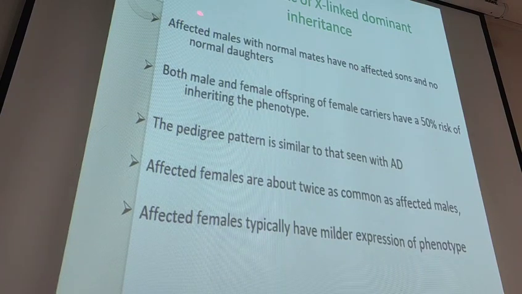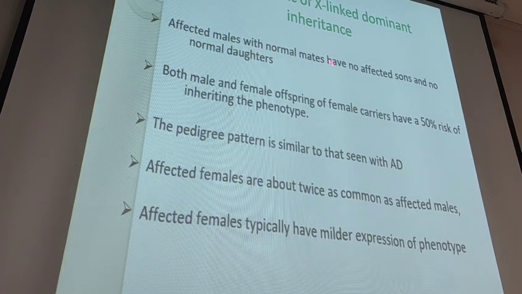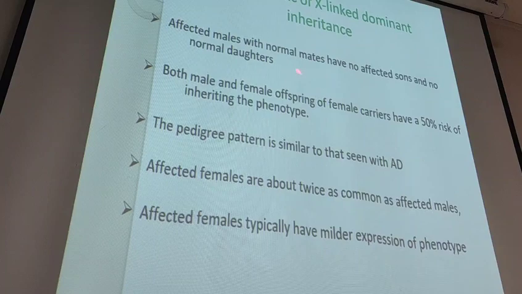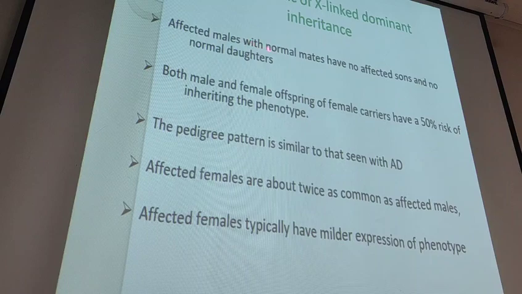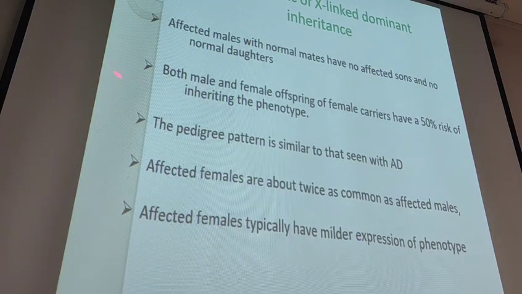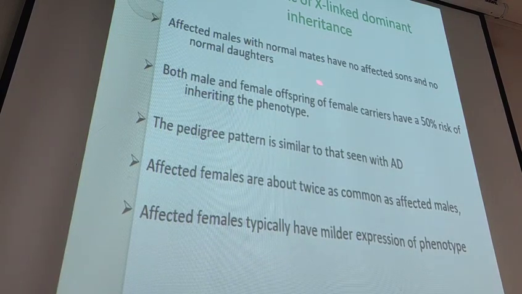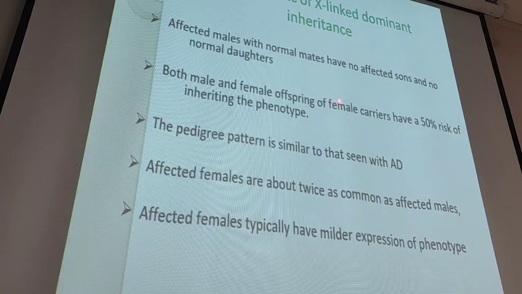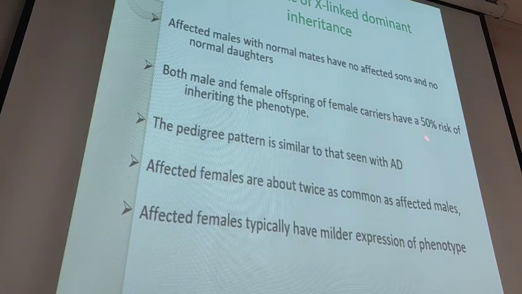The marriage between affected males with normal female, as we say, they will not have affected son, and they will also have no normal daughters. Both males and females of an affected female have a 50% chance of being affected.